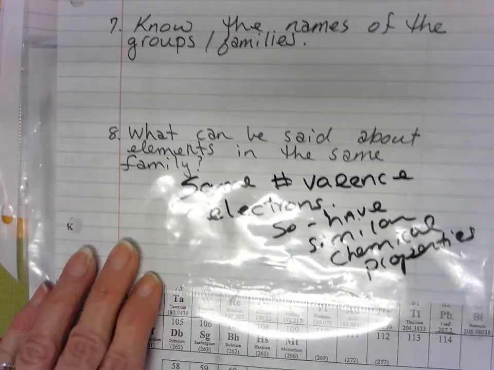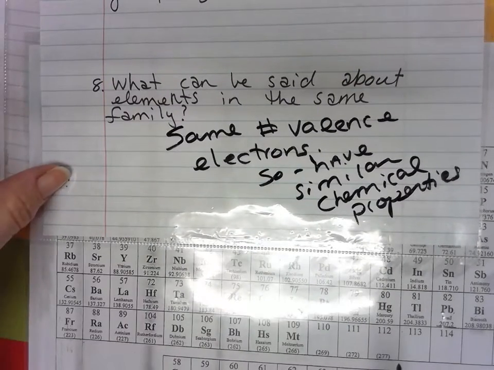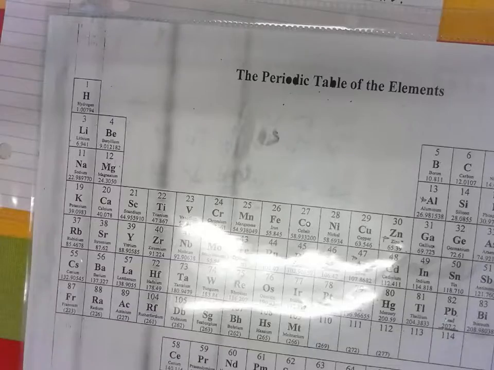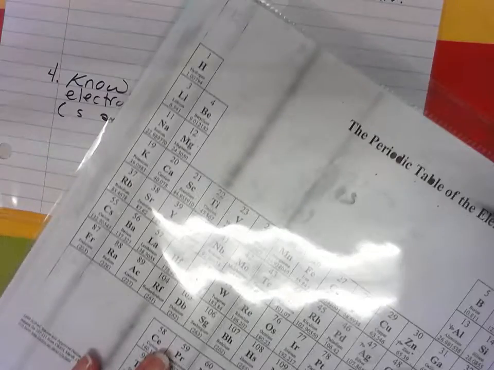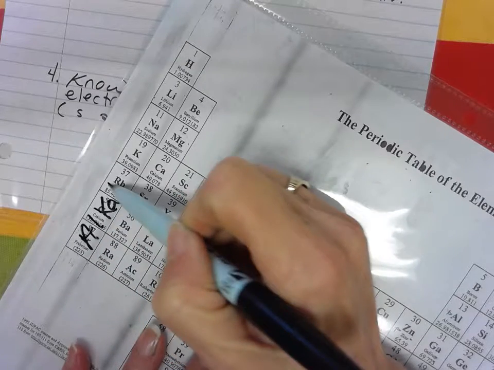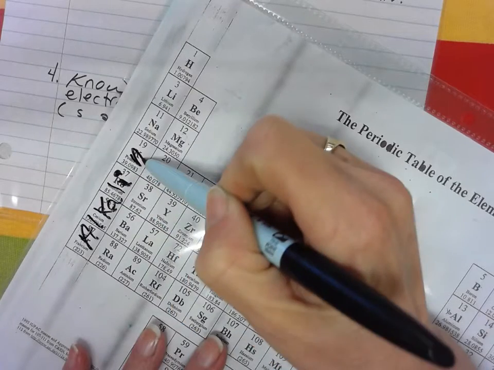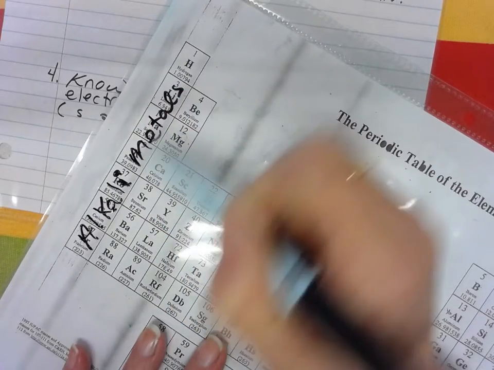Okay, so if we're looking at every element that is in the alkali family, remember hydrogen is only over here because it has 1 valence electron, but these are your alkali metals. All of these have similar properties.